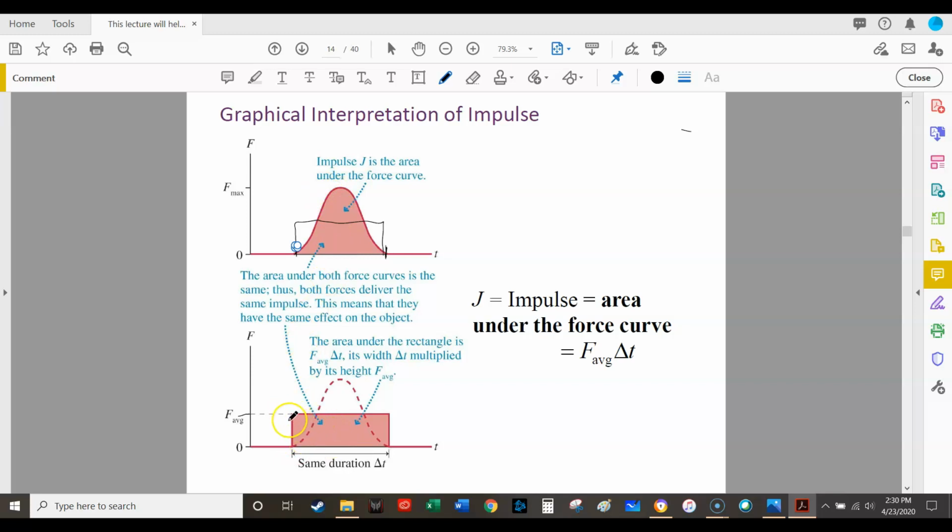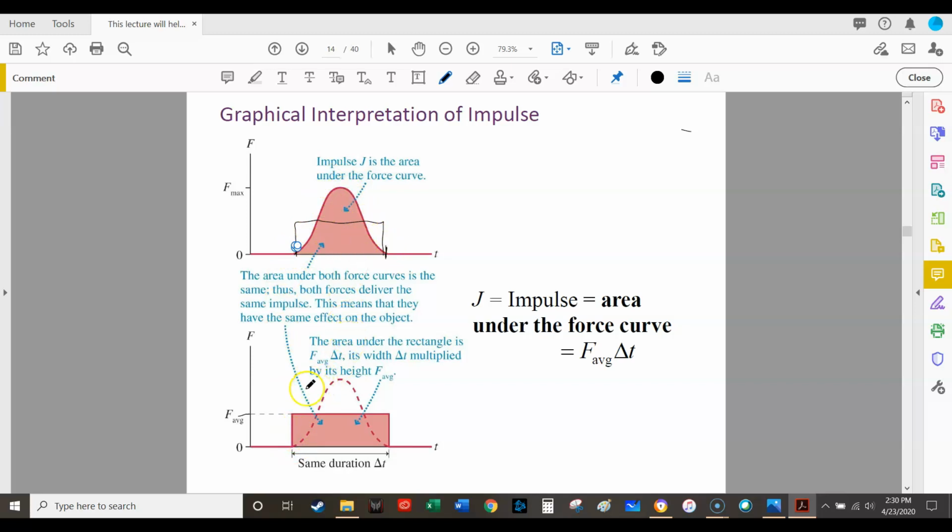And getting the area under the curve of this rectangle is a lot easier, right? It's just length times height, or delta t times F average. It's much easier than getting the area under this entire weird curve.